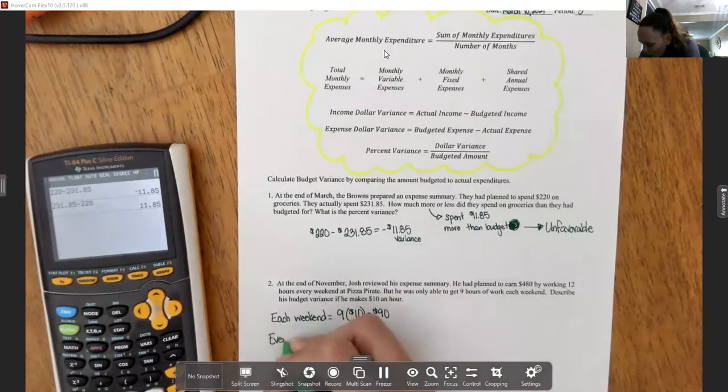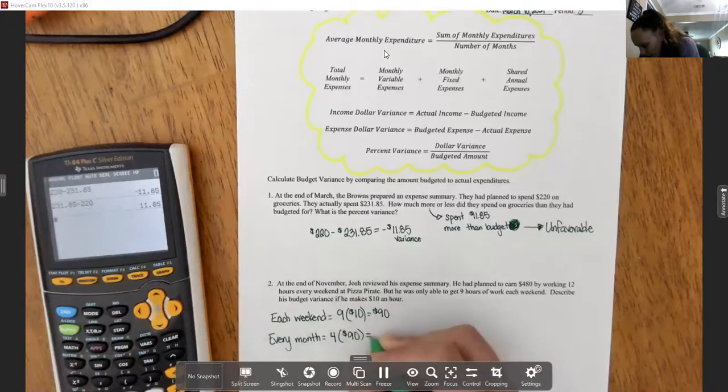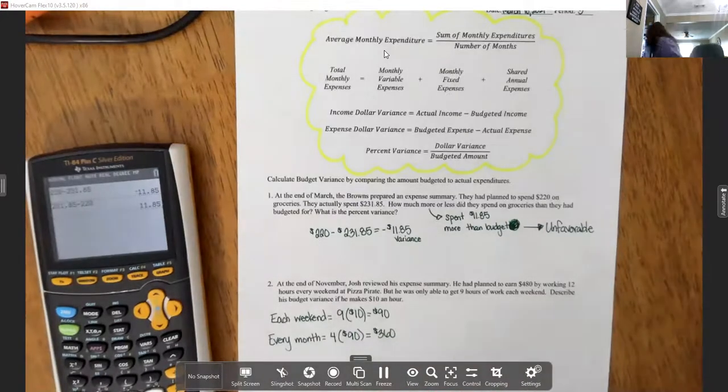And then every month, we'll say there are 4 weekends in a month. 4 times 90. So every month he's going to make $360. All right, sorry.